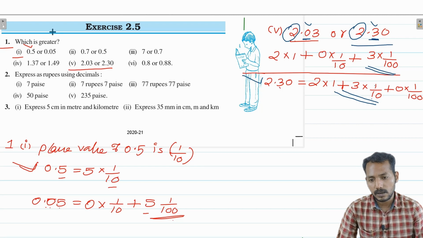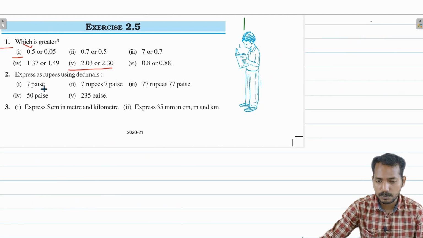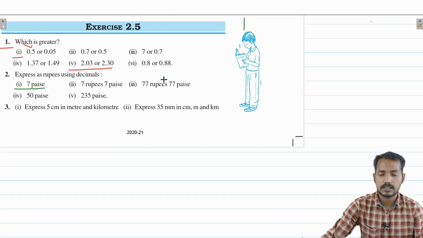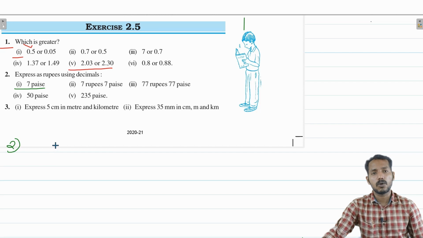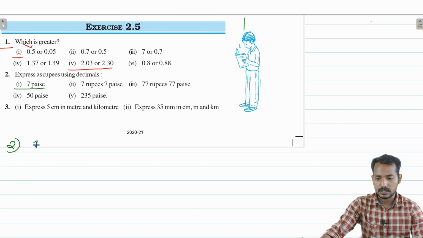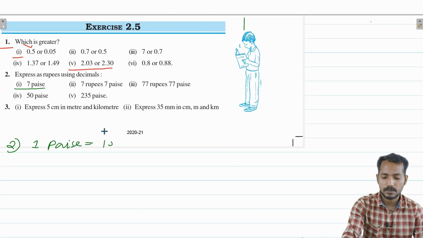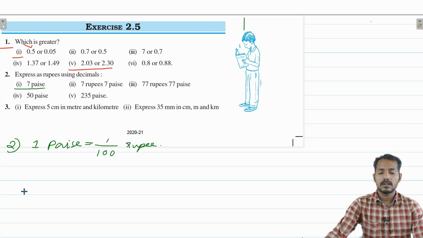Clear? Now let's discuss the second question: express as rupees using decimals. We already know that 1 rupee is equal to 100 paisa. That means 1 paisa is equal to 1 by 100 rupee. So very simple.